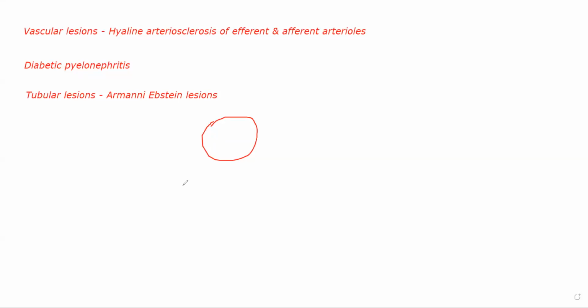So in secondary glomerulonephritis caused by diabetic nephropathy, you see four different types of pathological changes: diabetic glomerulosclerosis, vascular lesions, diabetic pyelonephritis, and tubular lesions, also called Armanni-Ebstein lesions.